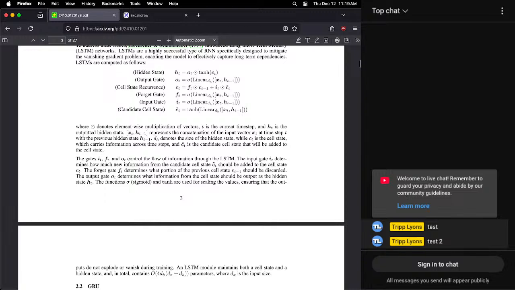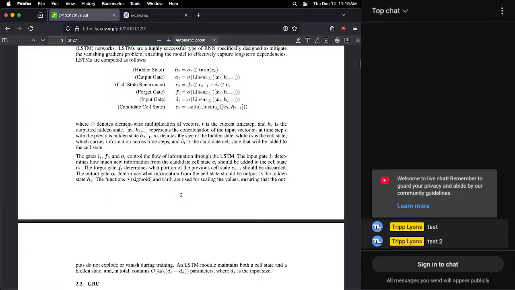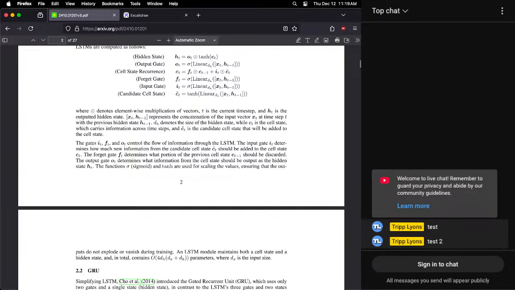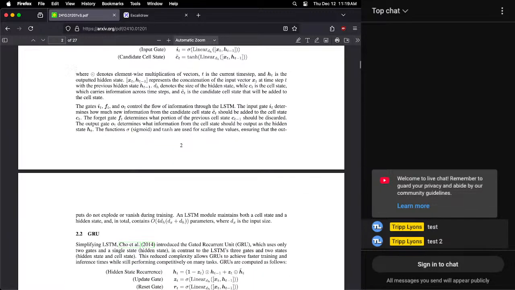The output gate determines what information the cell state should output as the hidden state H. And here it says the sigmoid and tanh functions are used for scaling the values, ensuring the outputs do not explode or vanish during training. So again, this nonlinearity does break some of the ways to easily make it parallelizable.